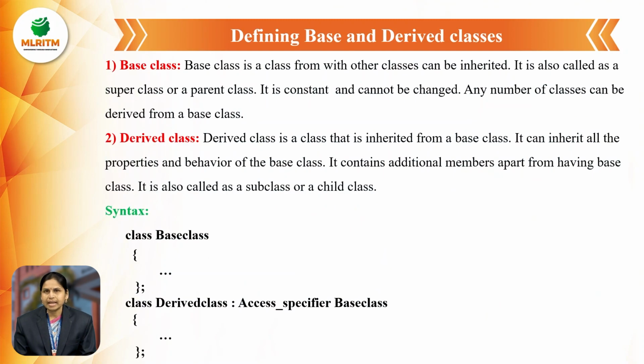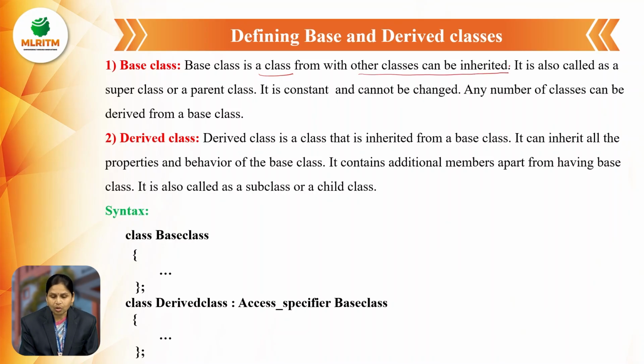Next, defining base and derived classes. How we can define the base class and how we can derive the derived class, meaning how we can use the base class and derived classes in a program. The base class is nothing but the parent class. From this class, another class is derived. Base class is a class from which other classes can be inherited.